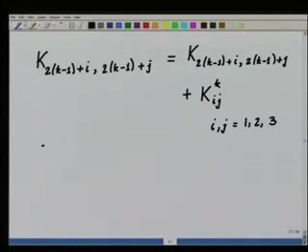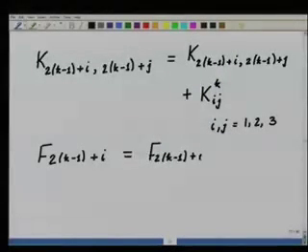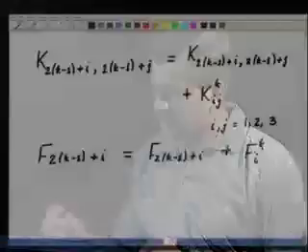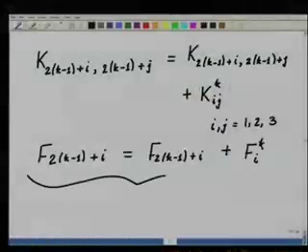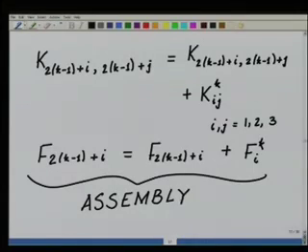Similarly, F_{2k-1+i} will be equal to F_{2k-1+i}, to which I am going to add f_i^k. So this is the assembly procedure. Okay.